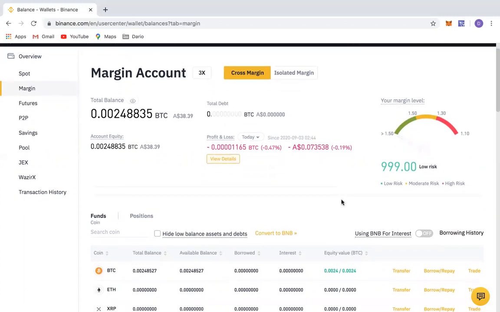So not that you want to get liquidated anyway, but if you're trying to do a kind of long-term investing style of trading and you have not much capital, you can potentially come into this platform with 1,000, you can borrow 5 times, which means you have 5,000.